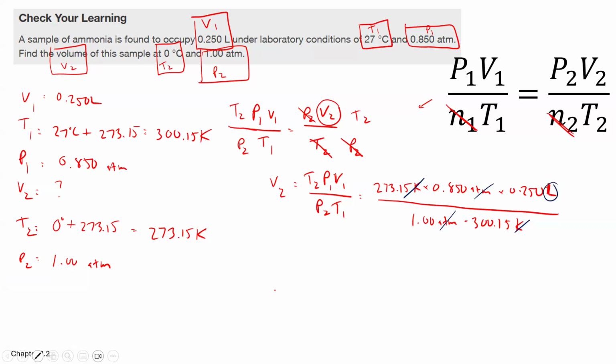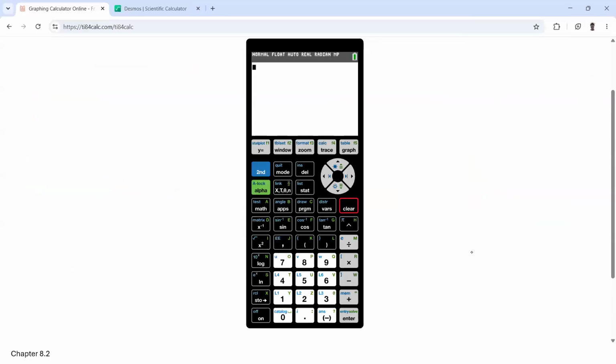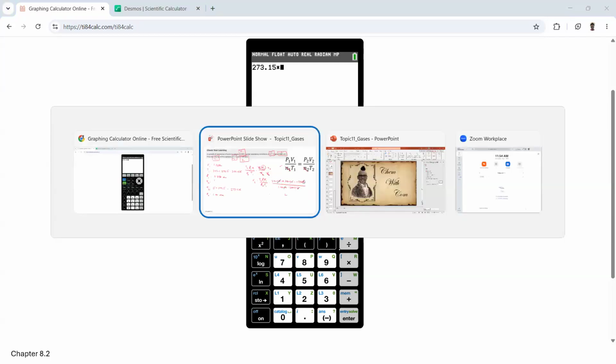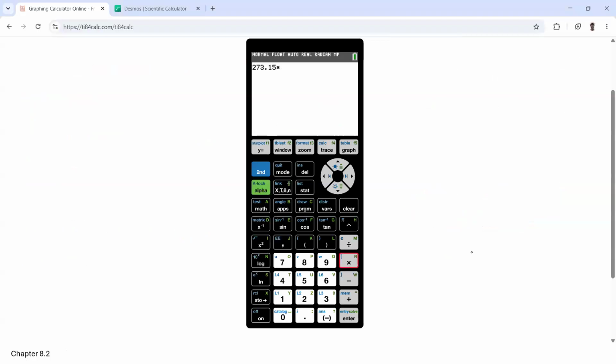So now we have to plug all this stuff into a calculator. All right, let's try it. Let me open up a calculator. 273.15 times 0.850 times 0.250.